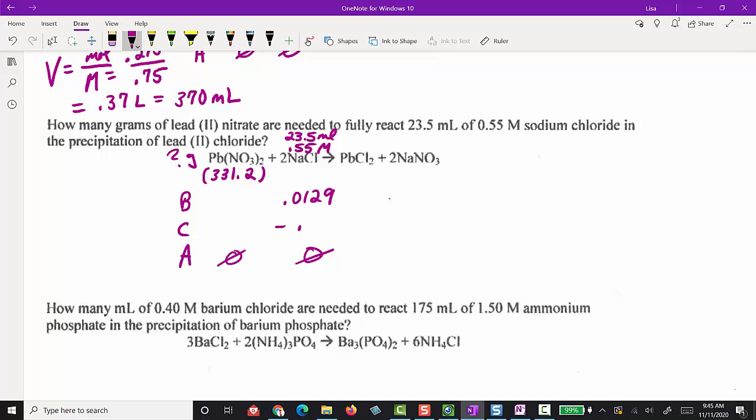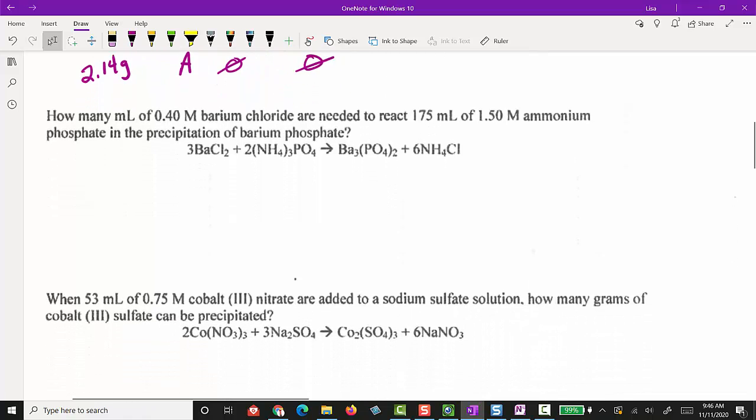So minus 0.0129, and it's a 2 to 1, so divided by 2, 0.0065. It wants grams, so times the molar mass, so 2.14 grams.